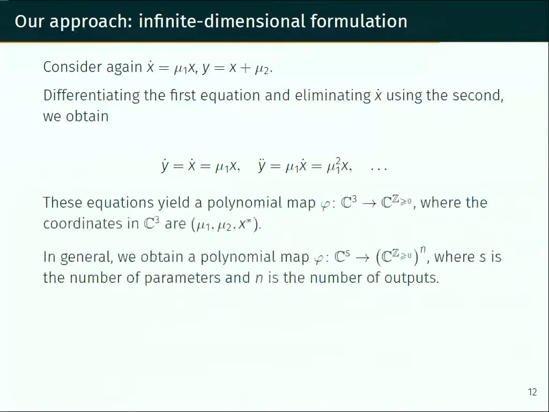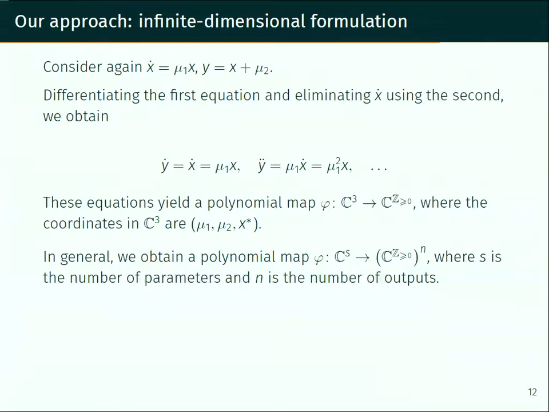Then I differentiate one more time, again x dot appears, I again replace it. After I do this, I will have infinitely many equations of the form: a certain derivative of y is equal to a polynomial in mu1, mu2, x. So geometrically, this is a map from C^3 to C^infinity. I map every triple mu1, mu2, x to the whole bunch of derivatives of y.